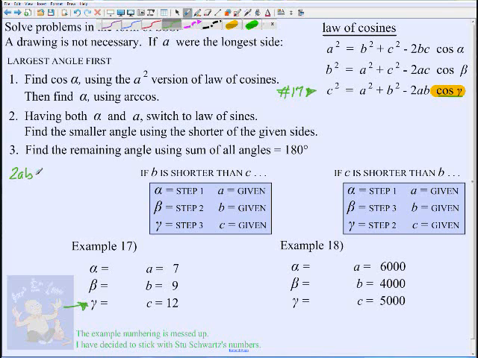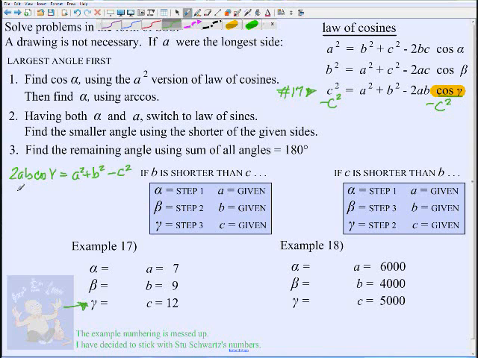2ab cosine gamma. What I did is I added this to both sides, equals a squared plus b squared minus c squared. You see what I did? I subtracted c squared from both sides, and I added this to both sides.